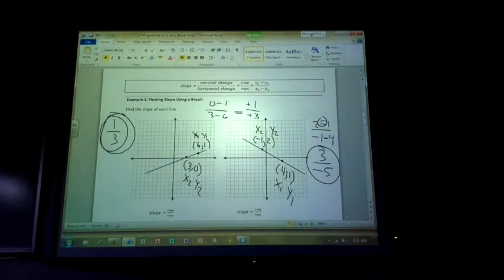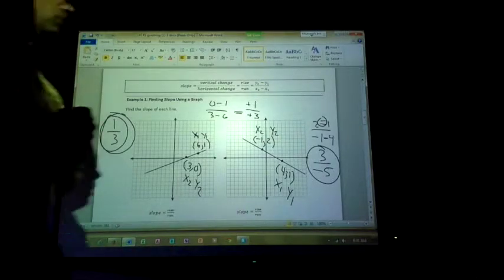And a falling slope is negative. Slope is the rise over the run. It's the change in the vertical direction over the change in the horizontal direction. It's the y components being subtracted over the x components being subtracted. So there's a bunch of different ways you could look at the slope itself.